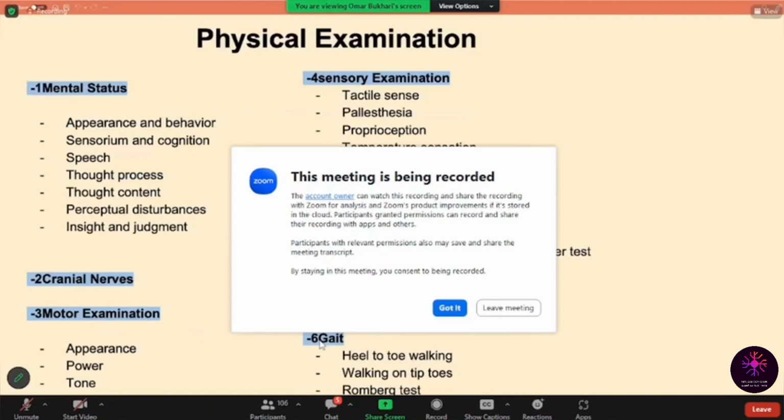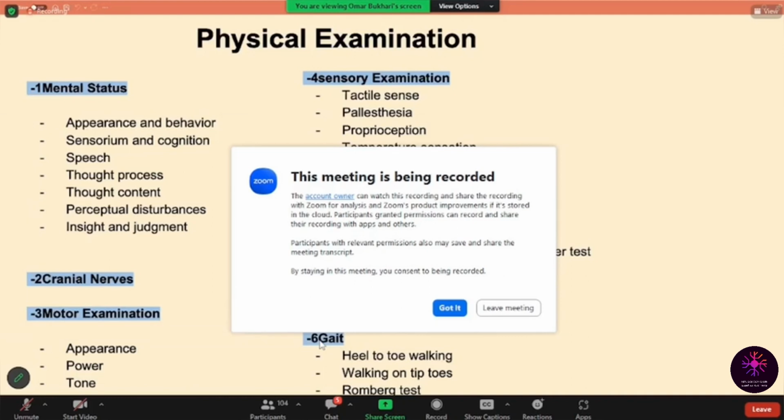In examination, we should examine the mental status of the patient: the appearance, sensorium, cognition, speech, thought process, thought content. Cranial nerves are important to differentiate brainstem lesions, and especially upper motor neuron. Motor examination, such as the muscle appearance, for example atrophy, power, tone, and reflexes.